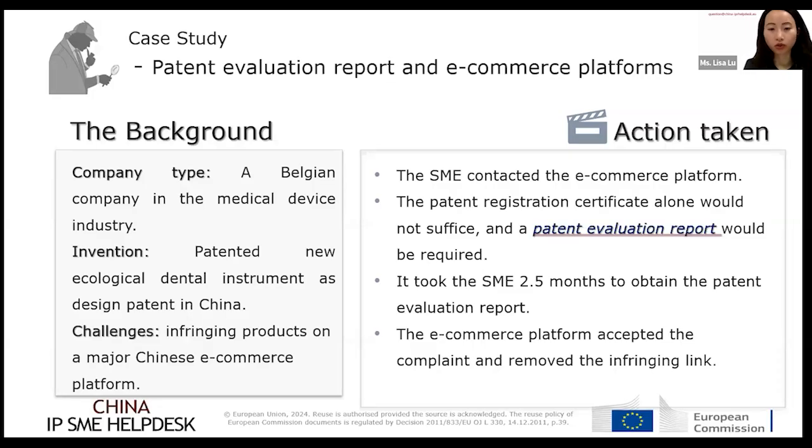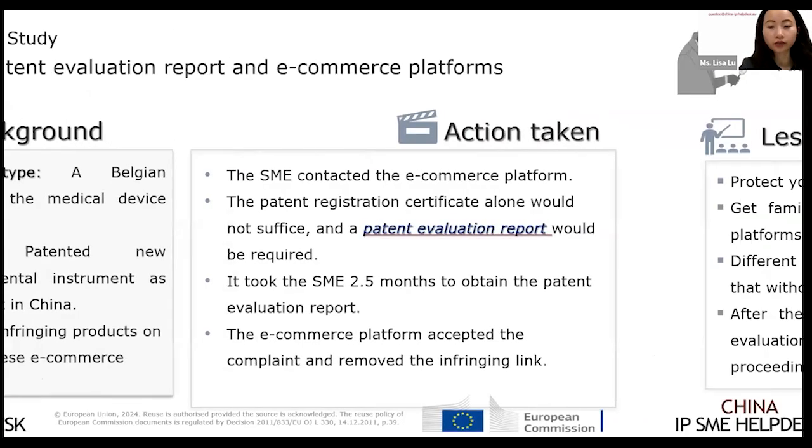The SME followed that, and it took 2.5 months to obtain the evaluation report. That means the whole procedure to remove that link was delayed for 2.5 months, and the infringer had the opportunity to sell on the e-commerce platform for 2.5 months. Finally, after obtaining the report, the e-commerce platform accepted the complaint and removed the link.